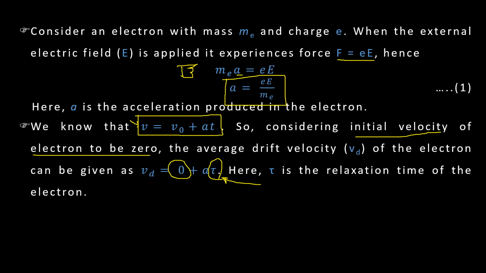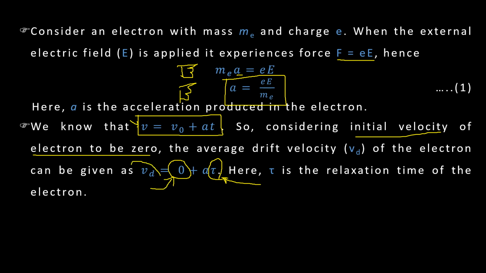Electrons are colliding with ions. Ions are too huge compared to the electrons. So once an electron collides with an ion, it transfers its total energy to the ion, and hence it loses its energy. So its velocity will be 0. Every time it collides, its velocity will be 0, and again it starts its motion under the influence of electric force. So the initial velocity of the electron is always considered to be 0.